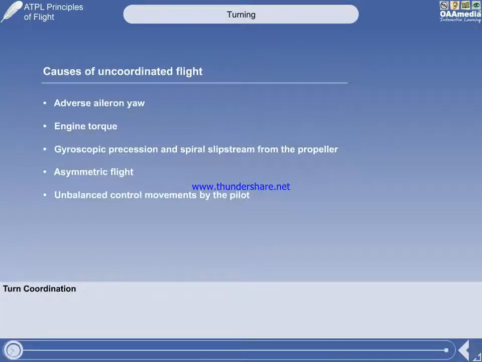There are several factors which can cause uncoordinated flight: adverse aileron yaw, engine torque, gyroscopic precession, and spiral slipstream from the propeller, and asymmetric flight, plus, of course, unbalanced control movements by the pilot.